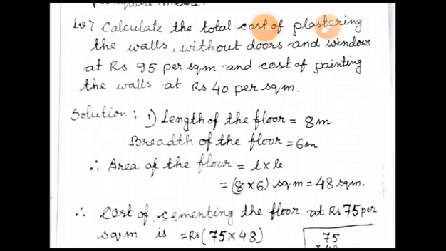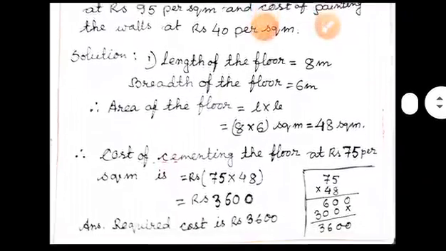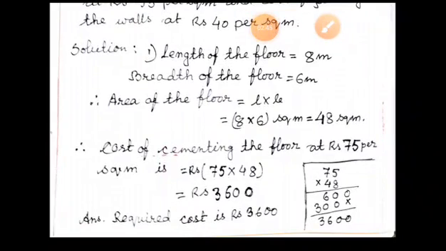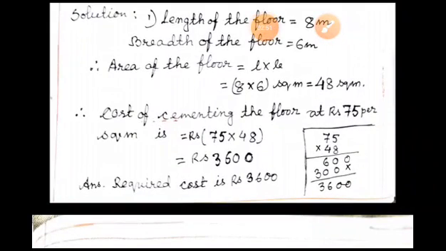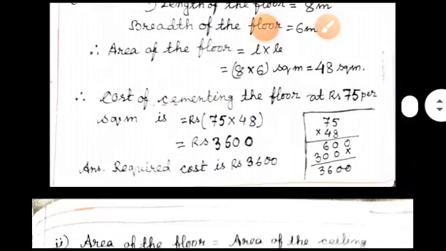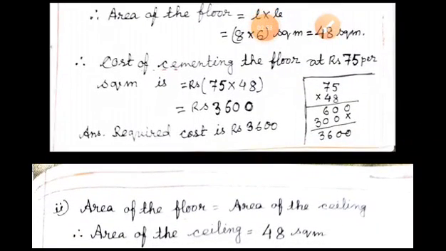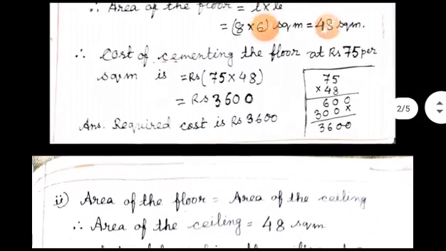So the cost of cementing 48 square meter will be simple unitary method, that is 75 into 48 rupees, which is equals to rupees 3600. So the required answer is, the cost of cementing is rupees 3600.